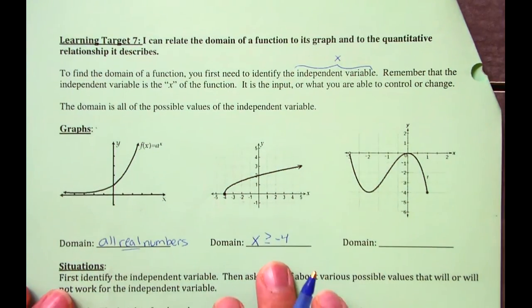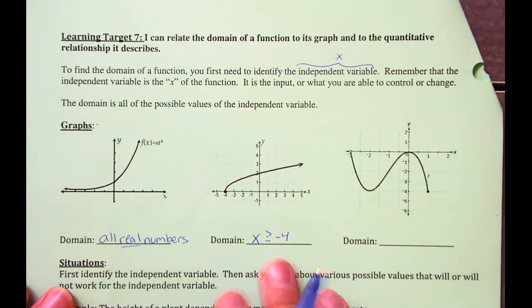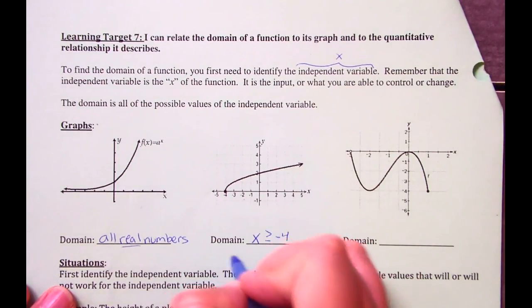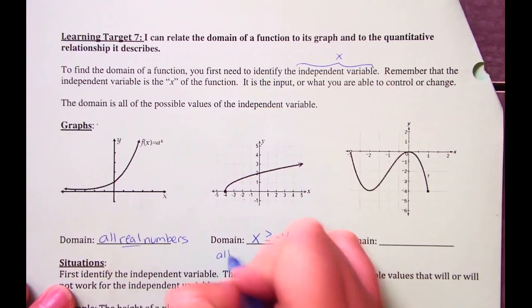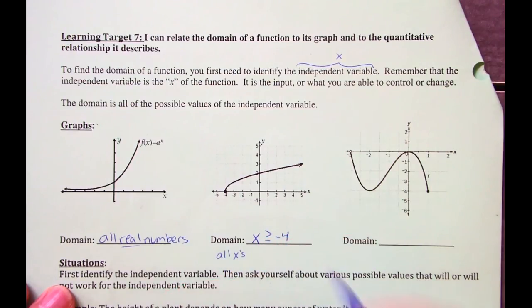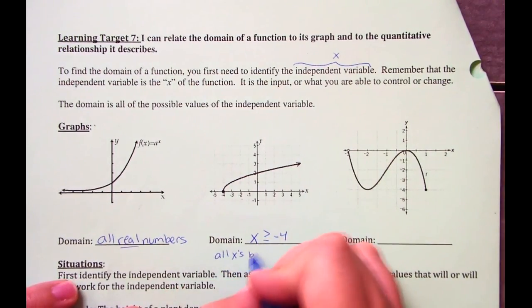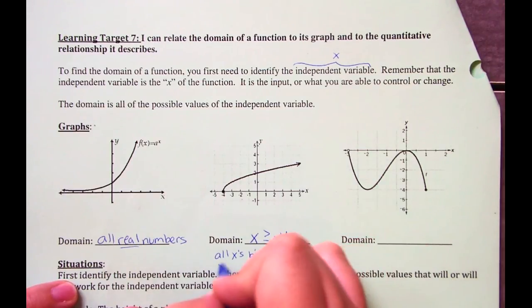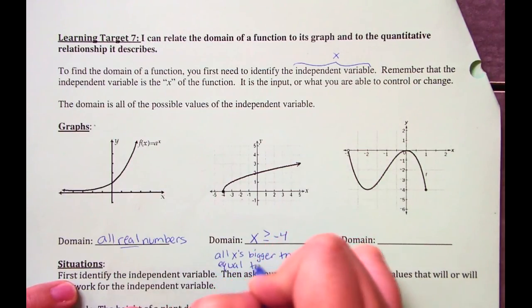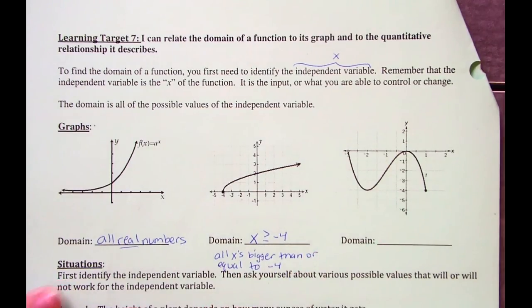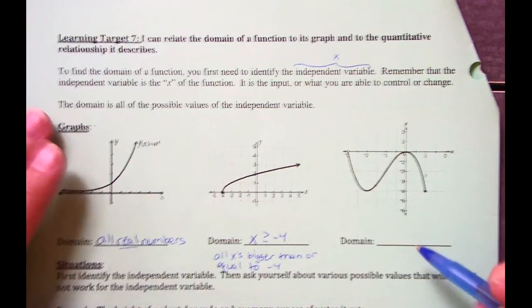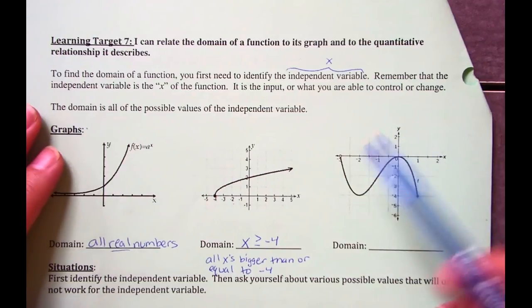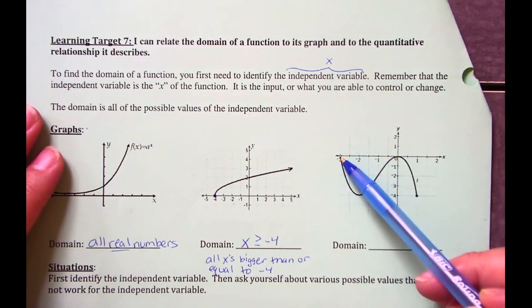If you would rather not write it in the inequality notation, that's also okay. You could just say all x's bigger than or equal to -4. And that's okay also.